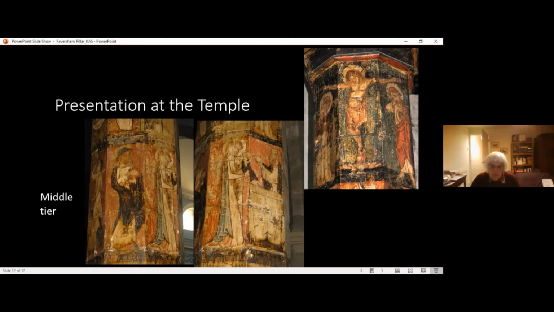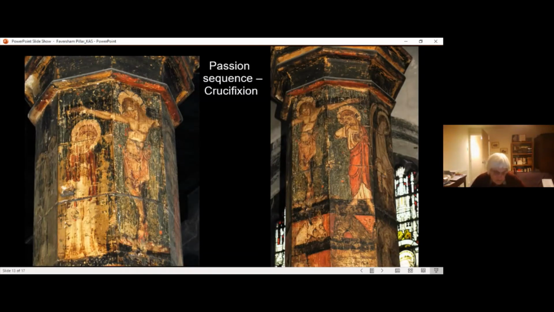So really important from that perspective. We move up to the top tier and therefore the Passion sequence. We have the crucifixion. And we have, as we've already seen, Christ staring down at his infant self.